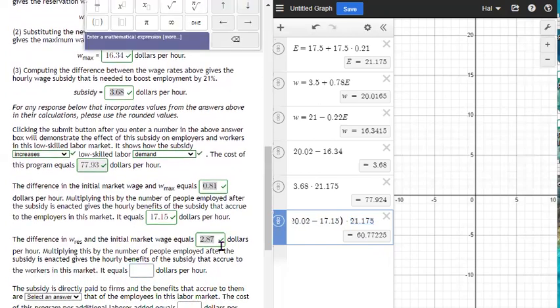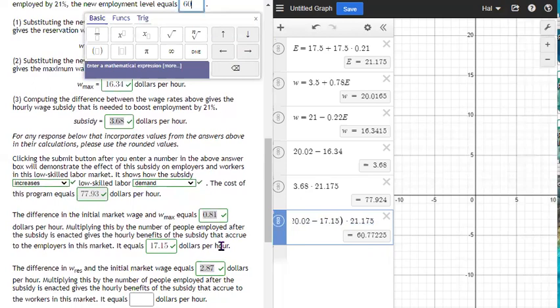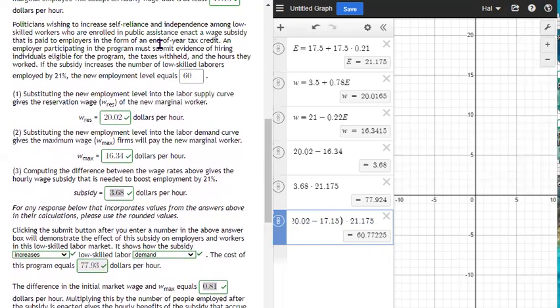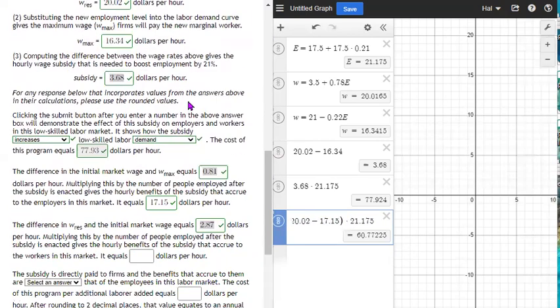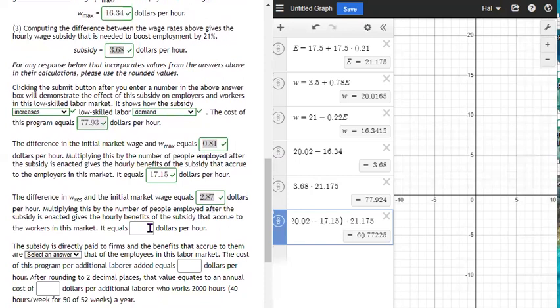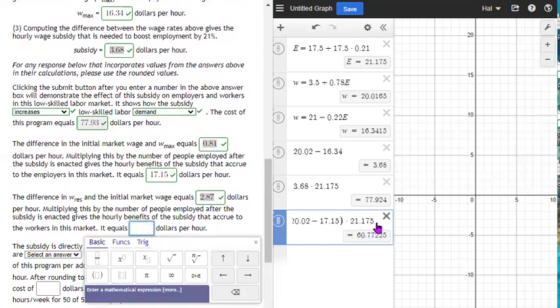Now, again, that's not chump change, because if this is millions of employees, this is millions of dollars, $60.77 million.